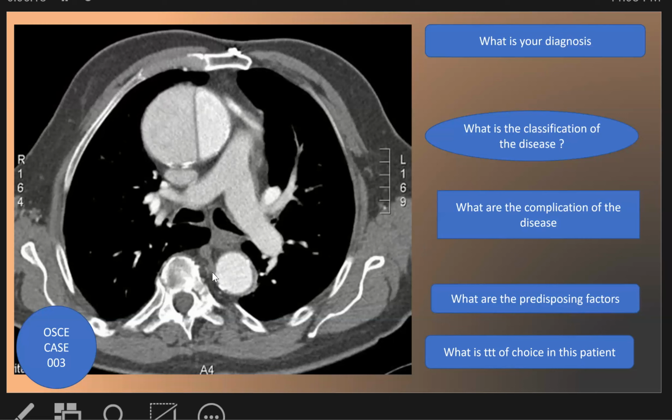The descending aorta is not involved. And the treatment is surgical, and we mentioned the classification of the disease, Stanford and DeBakey classification, and you read what is the difference between the two classifications.